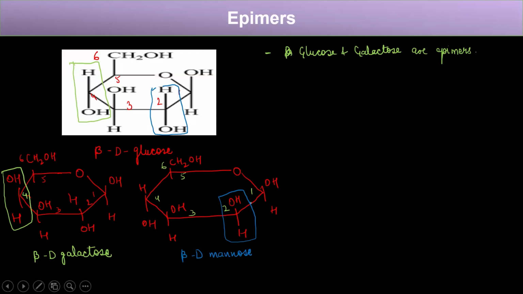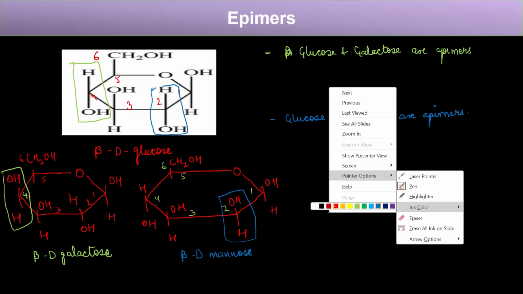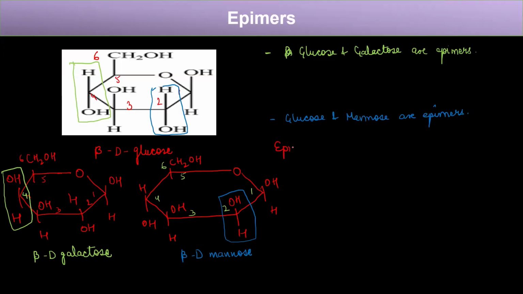Okay, and it has a difference at a certain carbon position, and it is also said that glucose and mannose are epimers. Okay, are epimers. So by this, if someone asks what is an epimer, what can we write? We are seeing that all these three structures have the same chemical formula, right? What is the difference? There is a difference in their structure. So if they have the same chemical formula and different structure, these will be isomers, right?